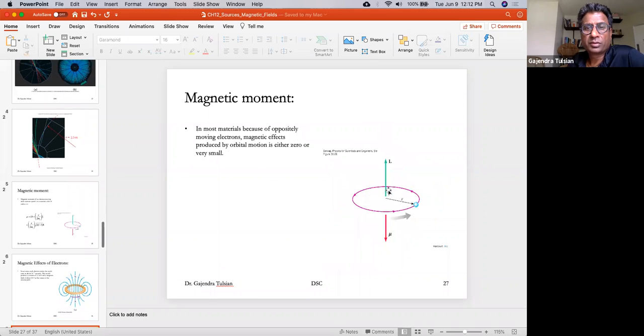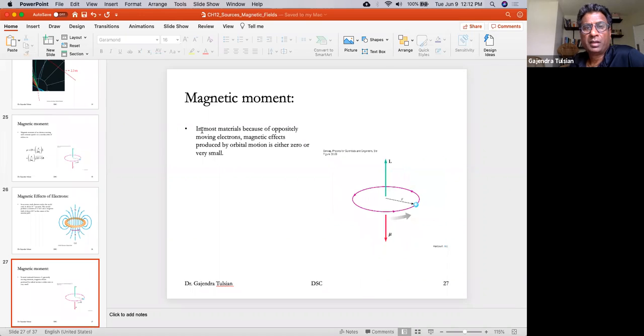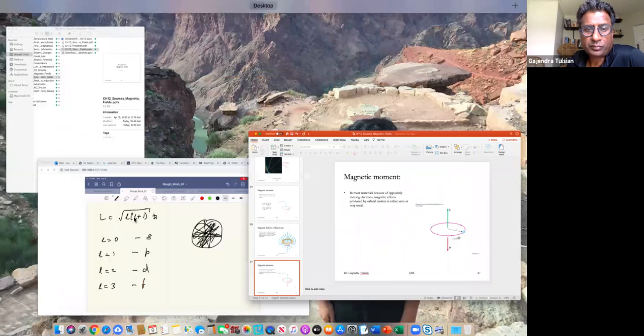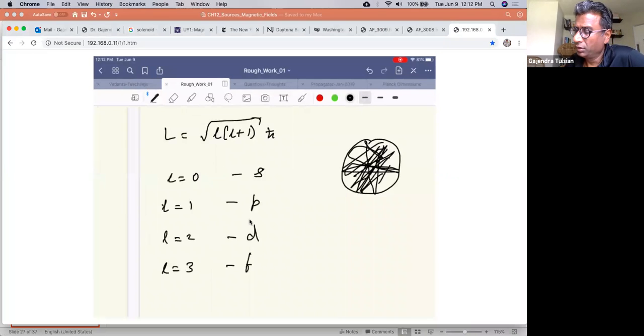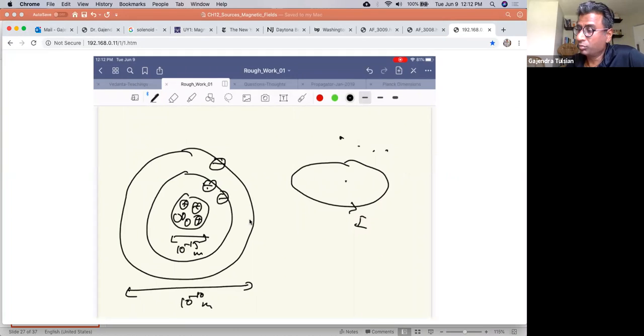Okay. So here's the thing. In most materials, because of oppositely moving electrons, magnetic effects produced by the orbital motion are zero or negligible. So let's go back to this model. So what we are saying is, if you have multiple electrons in an outer shell, say, if this electron is going in this direction, that one will go in the opposite direction and they'll cancel each other.